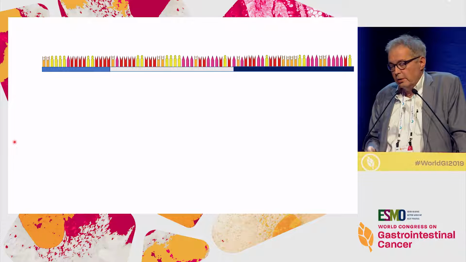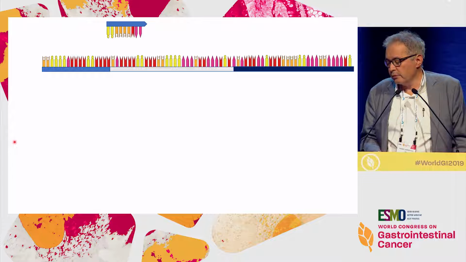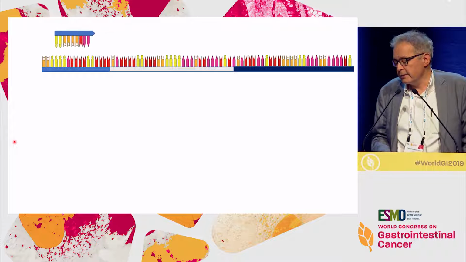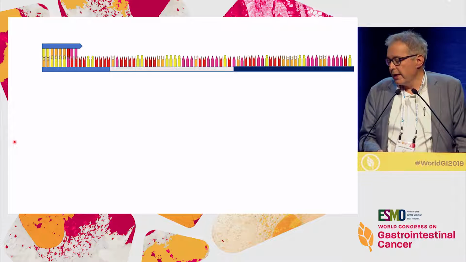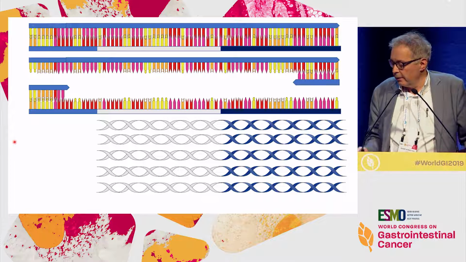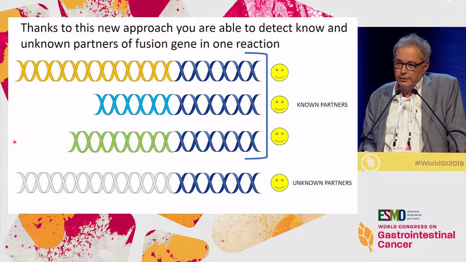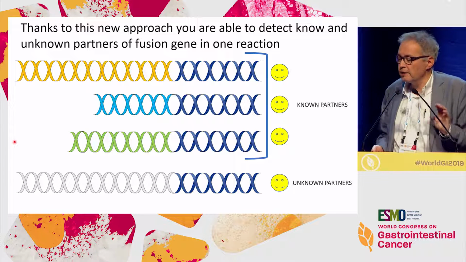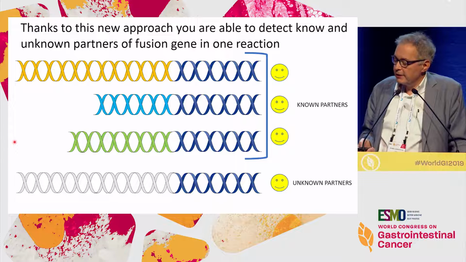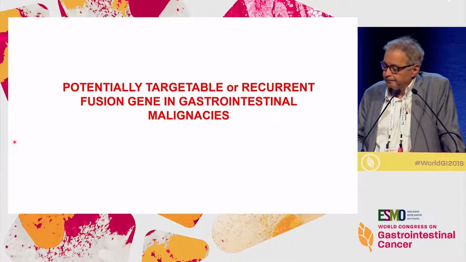Since you know the sequence of these oligonucleotides, you are able to amplify this part of the genes and create by PCR a high number of these copies. So these new techniques allow detecting all the partners of a favorite gene that you want detected.